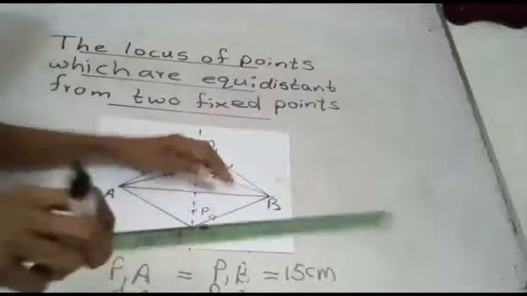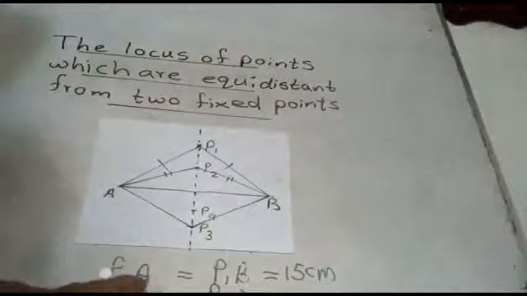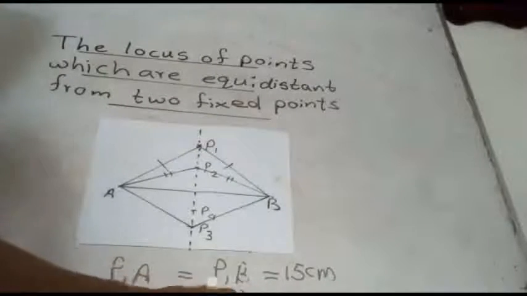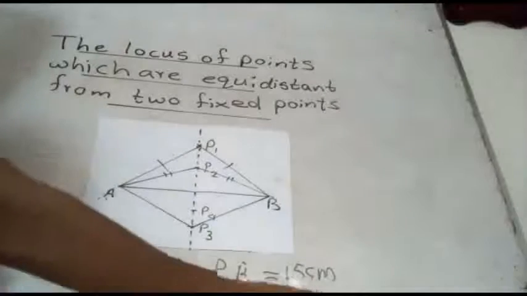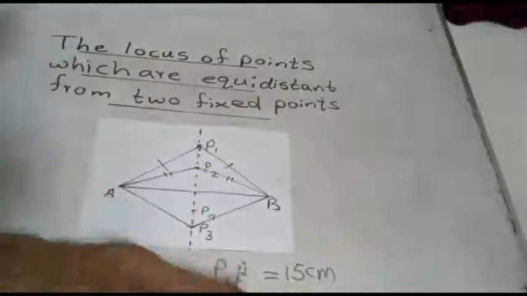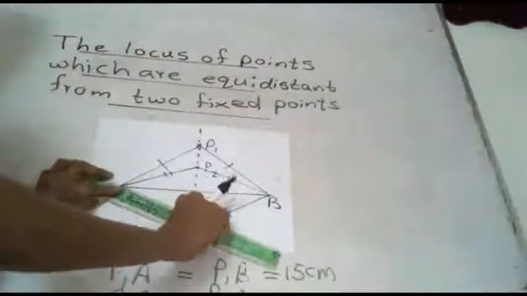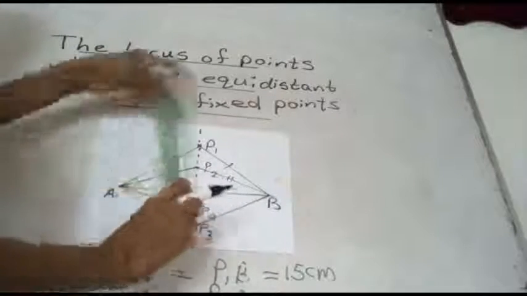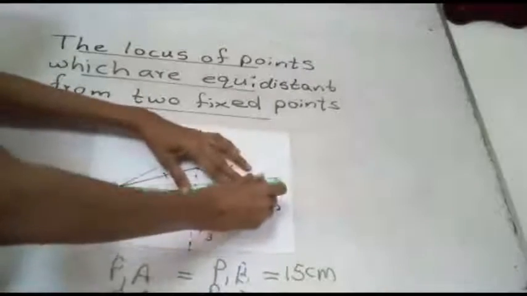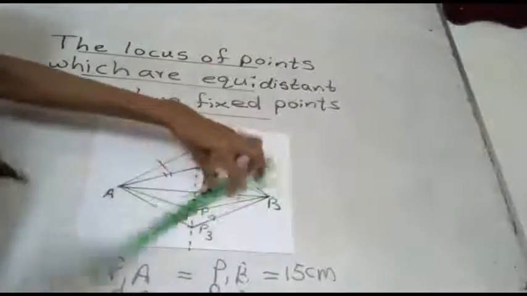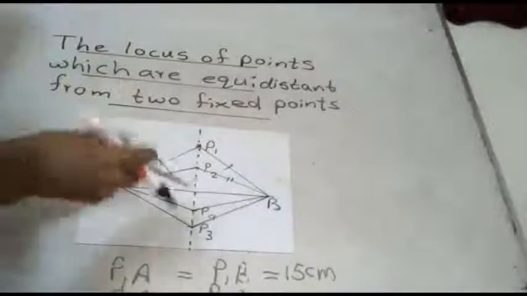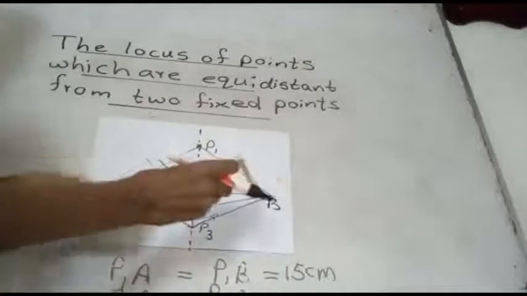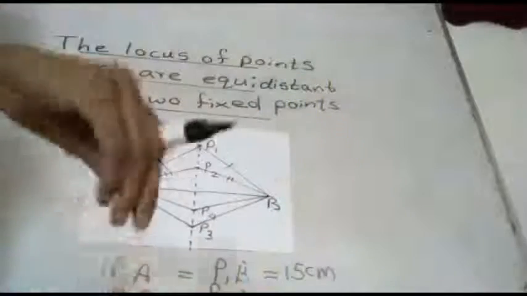P3B is also 9 centimeters. Mark another point. P4A is equal to P4B.